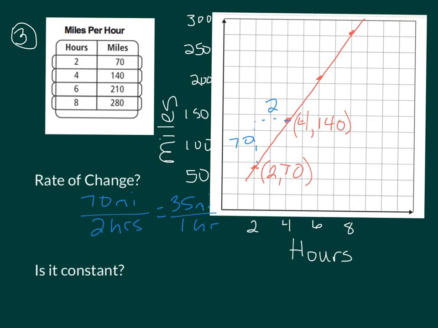Another way to tell, if I look at my table, it goes up 2, goes up 2, goes up 2 for hours. In the miles, it's going up 70 each step, okay? When it's the same like that, that's constant rate of change. So yes, it is constant.